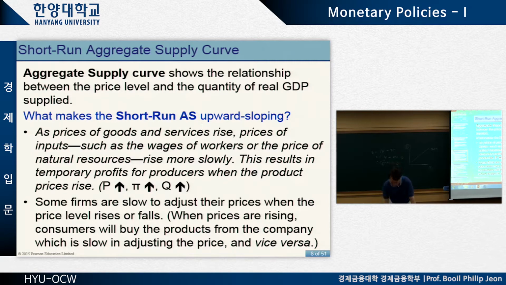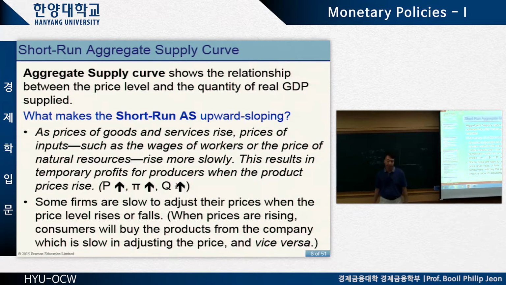During that time, when the general price level increases, producers temporarily find out their product profit increases, because while the price of their output increased, the input price did not increase yet. So that will cause the producers to increase their output.